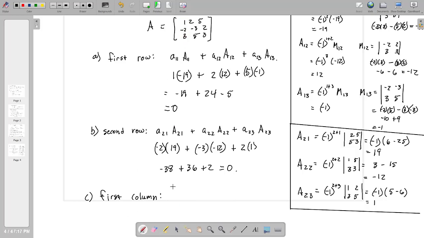So a11 times the cofactor a sub 11 plus a sub 21 times the cofactor a sub 21 plus a sub 31 times the cofactor a sub 31. Now the only one I really need to find is the cofactor a sub 31 because I already have the cofactor a sub 21 right here and the cofactor a sub 11 right here.